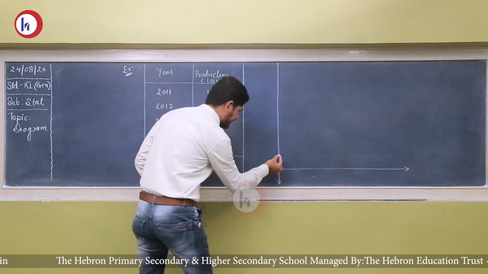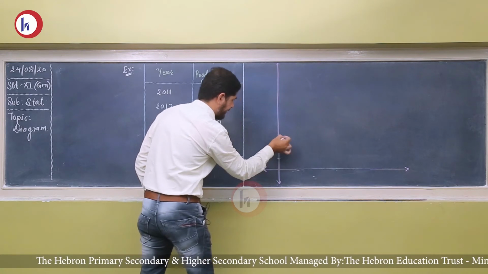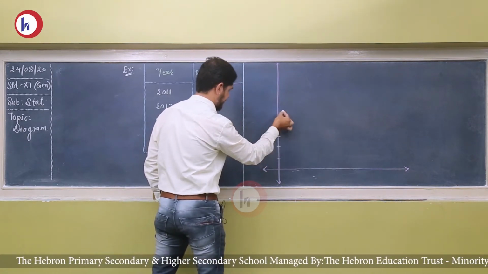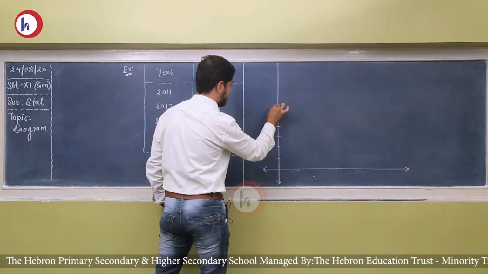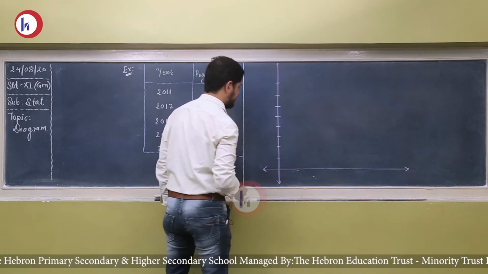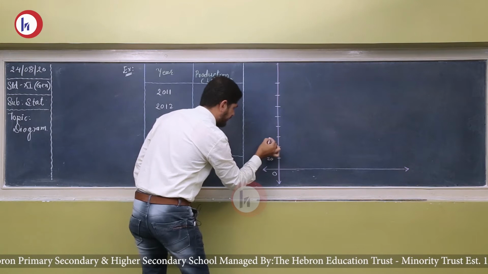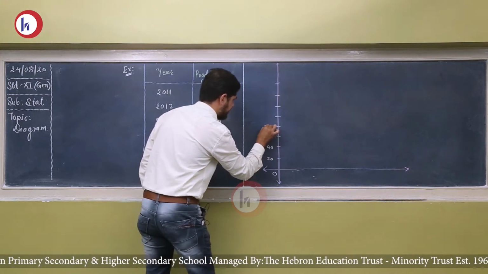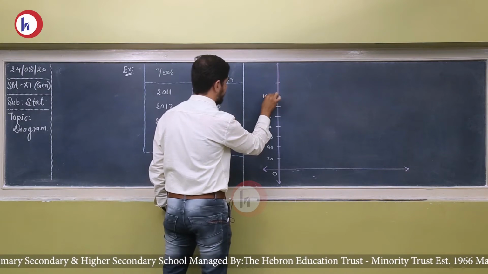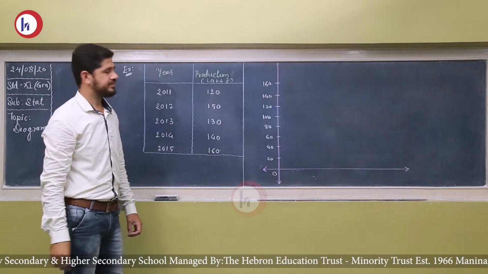So we will start with a difference of 20, 40, 60, 80, 100, 120, 140 and 160. Starting with origin, 20, 40, 60, 80, 100, 120, 140 and the highest number is 160.